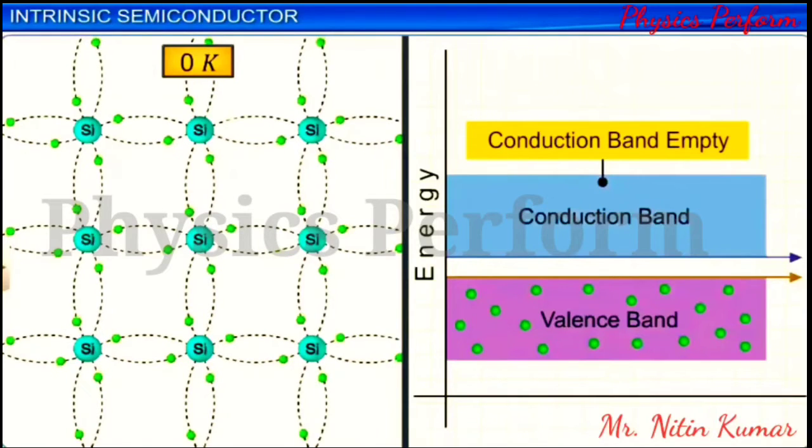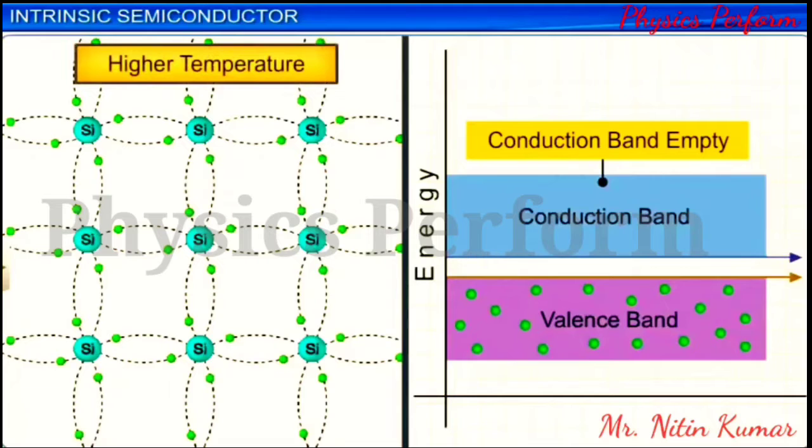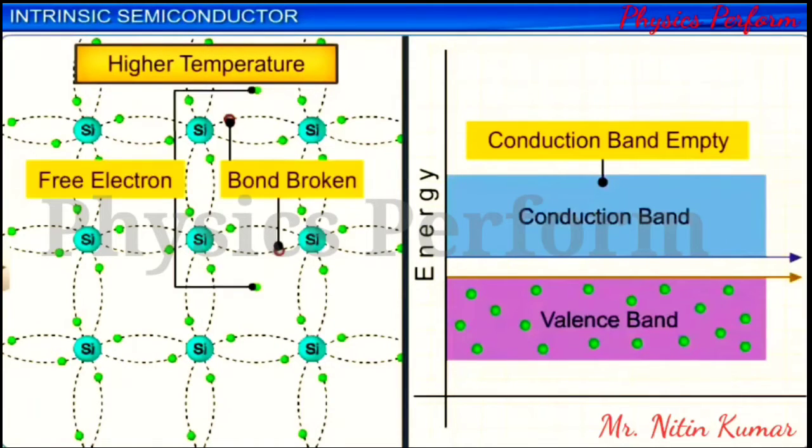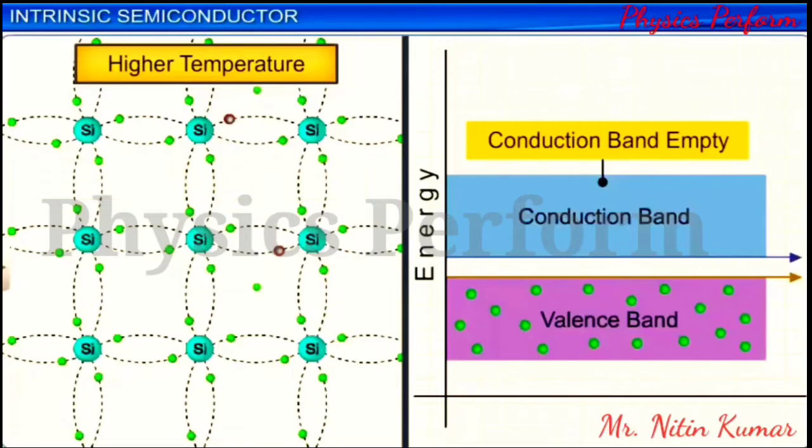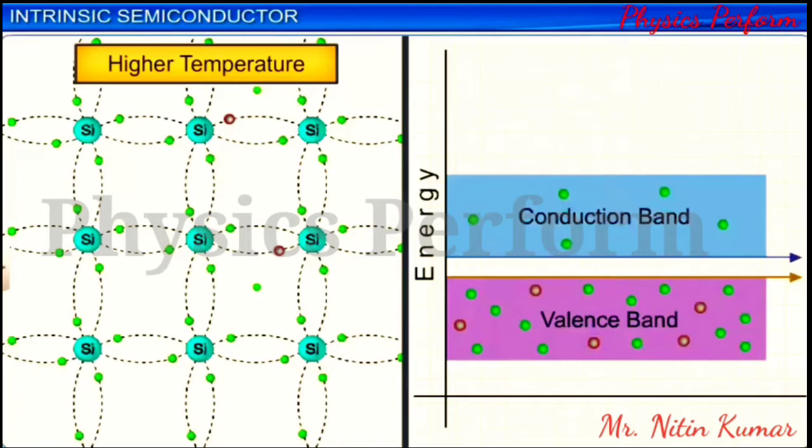However, at higher temperatures, some electrons gain enough thermal energy to break free of the covalent bonds in the crystal lattice. These free electrons move to the conduction band, and the material starts behaving like a semiconductor.